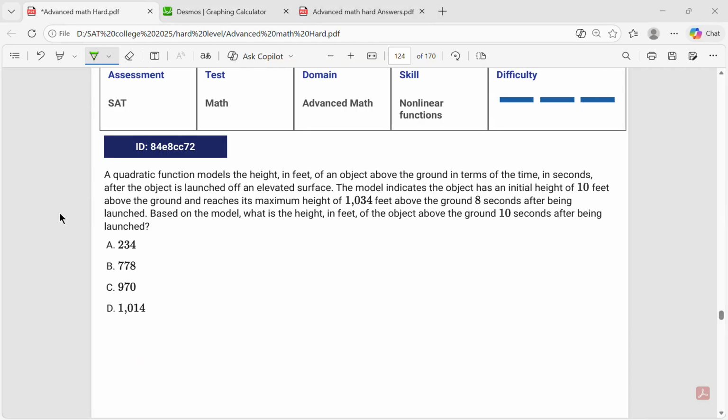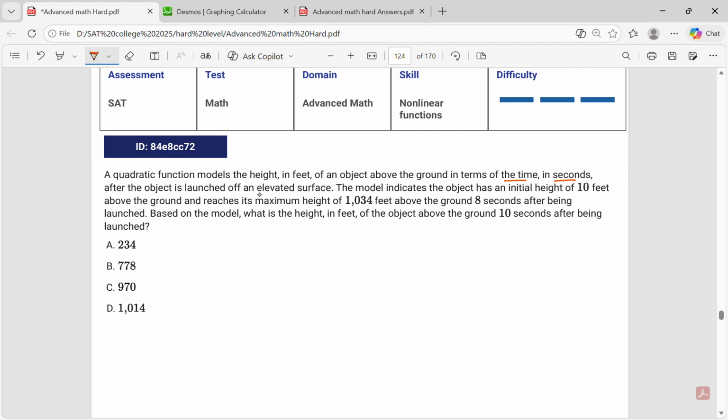Let's do one more question using both algebraic and Desmos methods. This is a quadratic equation, or in other words, an application of a quadratic equation. It says that a quadratic function models the height in feet of an object above the ground in terms of time in seconds.